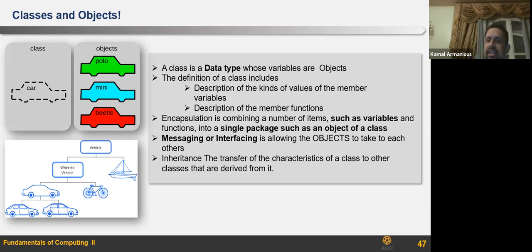In this case, Sander is an object that belongs to this template, this data type, this blueprint, this category that is called human being. Sander has two eyes. Her eyes are brown, let's say.